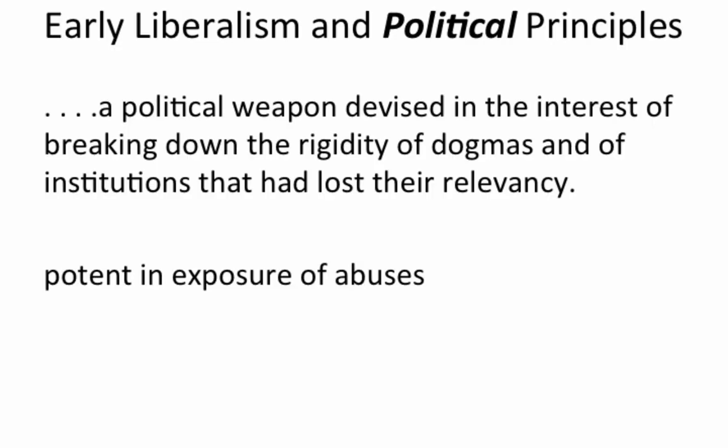The early liberal concept of knowledge was, quote, a political weapon devised in the interest of breaking down the rigidity of dogmas and of institutions that had lost their relevancy. Their doctrines were potent in exposure of abuses. Yet these open-ended doctrines had two significant problems.